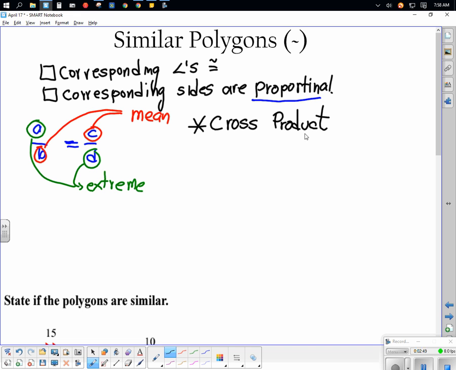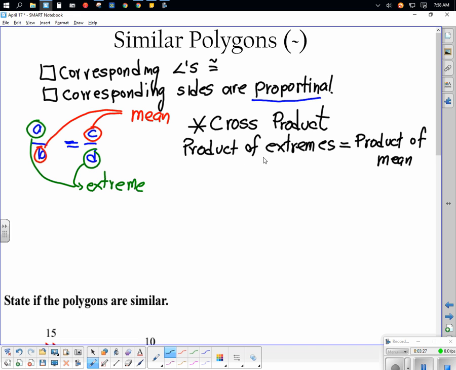And the cross product says the product of the extremes will be equal to the product of the means.